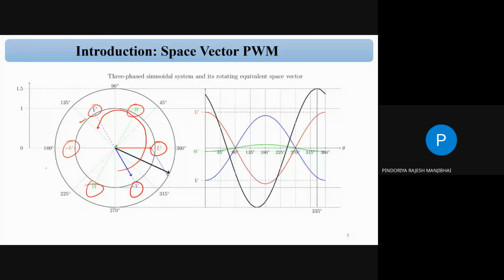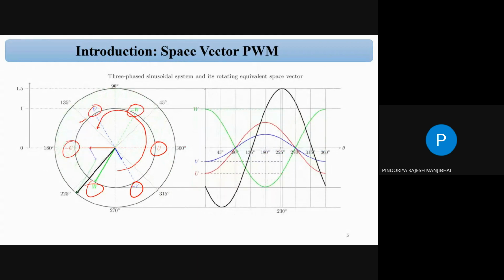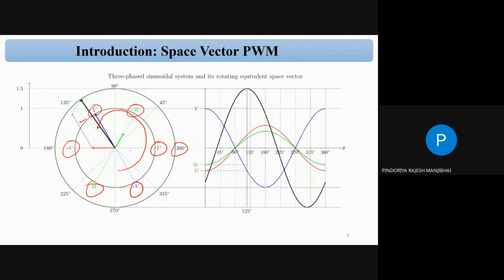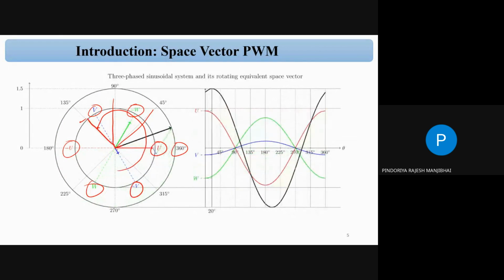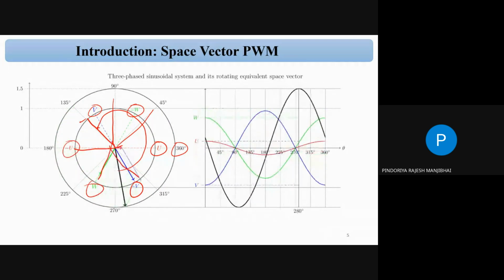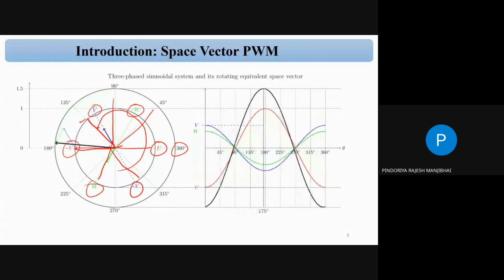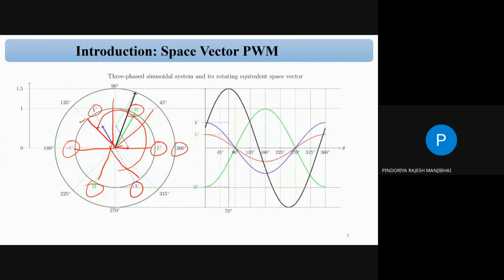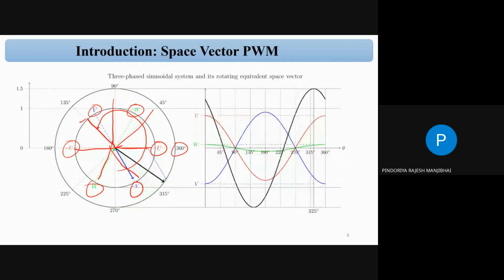So we have three phases and we have to operate at every different angle over the total 360 degree rotation. So we have to divide the sectors: sector 1, sector 2, sector 3, sector 4, sector 5, sector 6, sector 7. Based on the sector we operate our inverter. So this is the simple concept of space vector modulation technique.